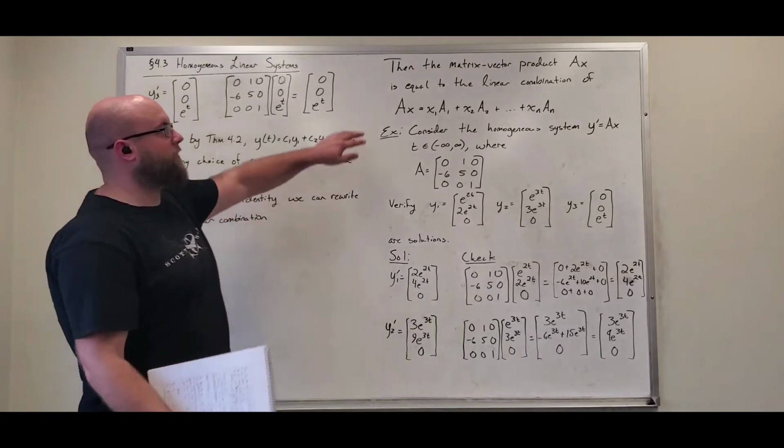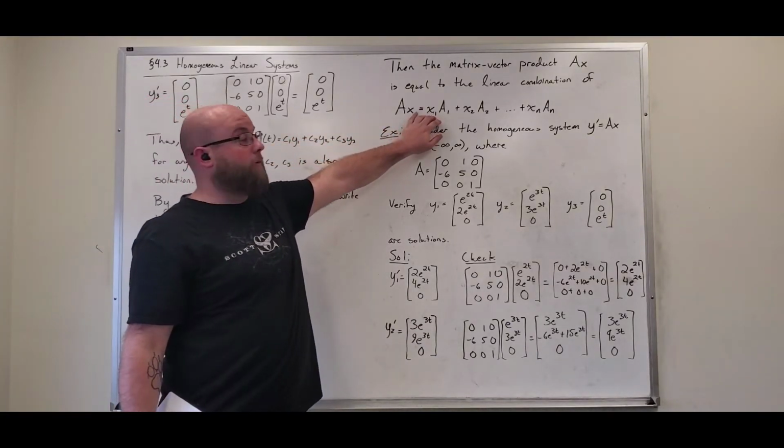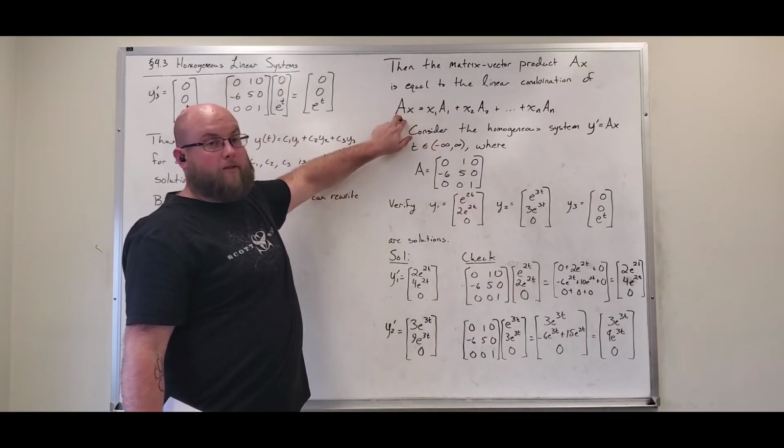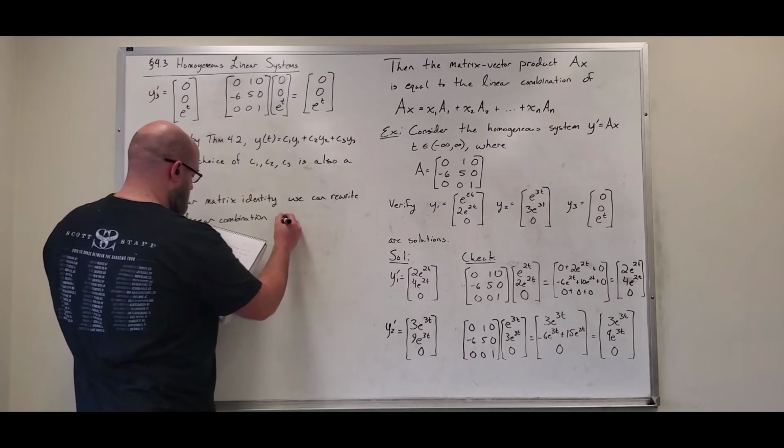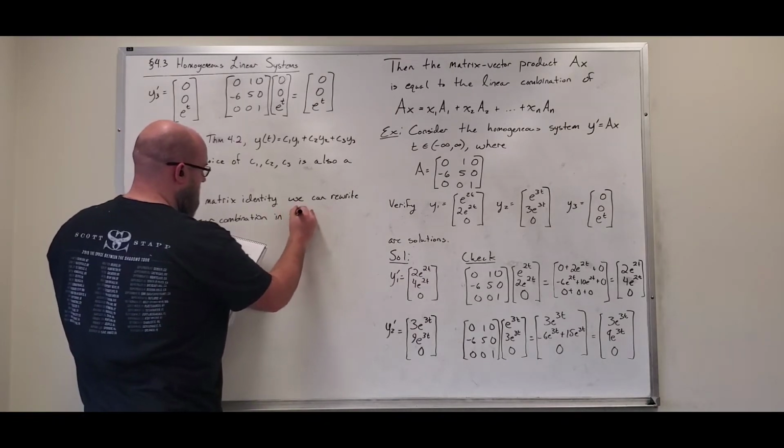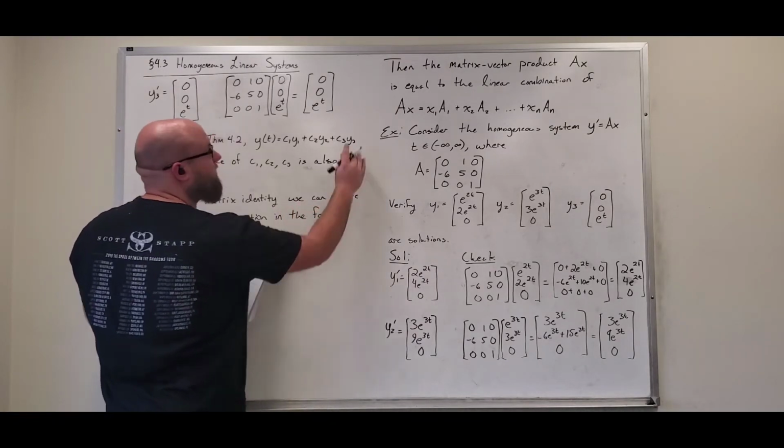So notice what we do up here. We have our linear combination is equal to the matrix vector product, in the form. So it's a good thing I left that one up there.